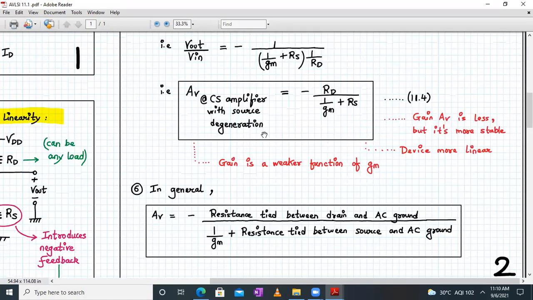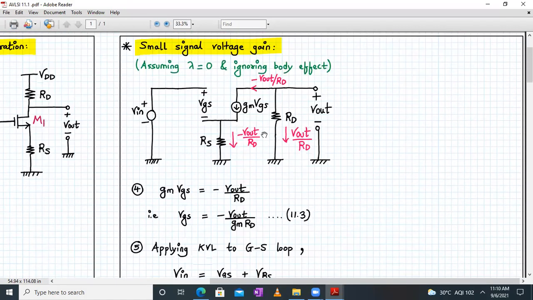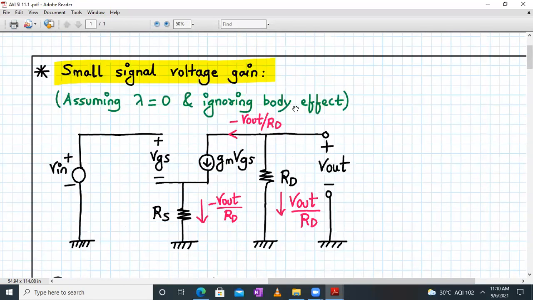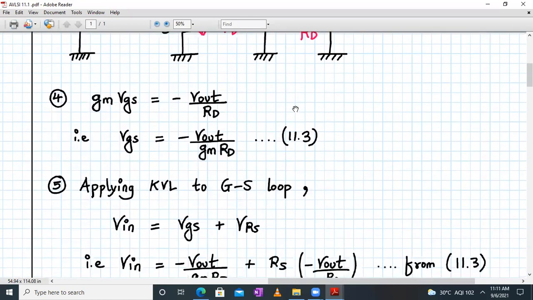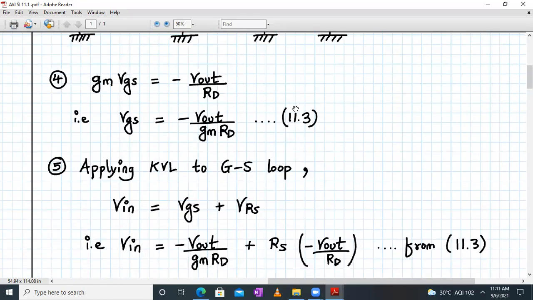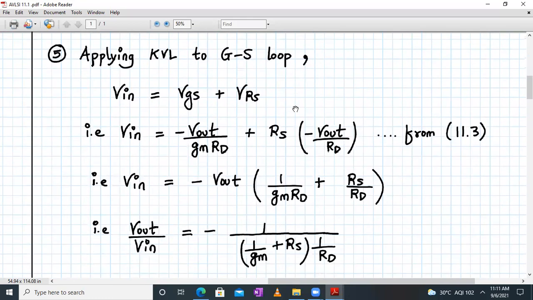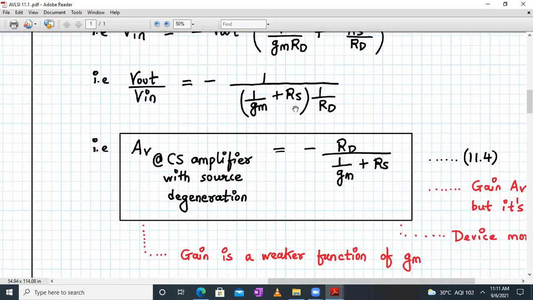Now, any doubts over here, how we have derived? So let me glance through the topic once. We started with a small signal voltage gain derivation with lambda equal to 0 and without any body effect. That's a big assumption, but for simplification we are starting, and we have applied KVL and we got the result in 2 or 3 steps.